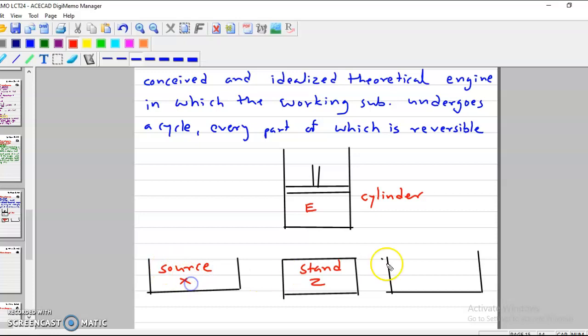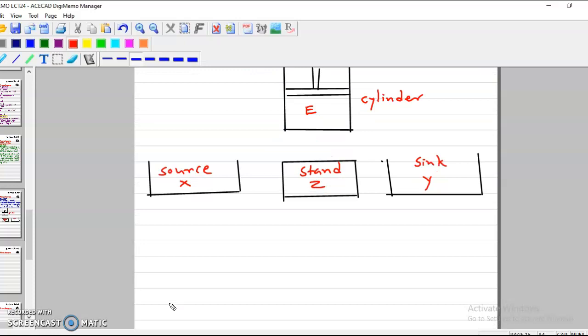We call it X, and sink is known as Y. So source is a reservoir, this is also a reservoir, and stand is insulated.